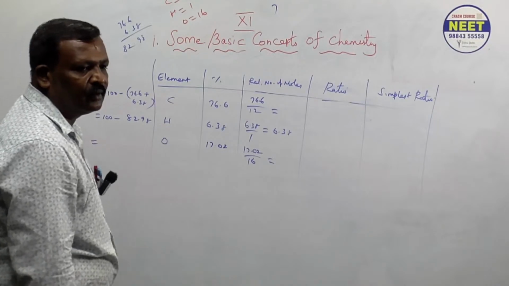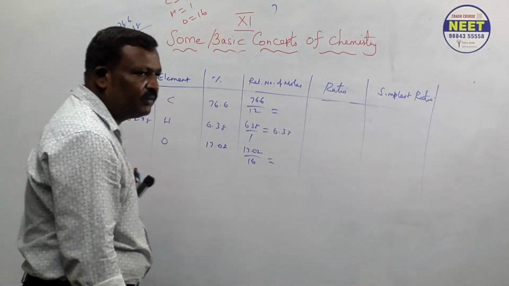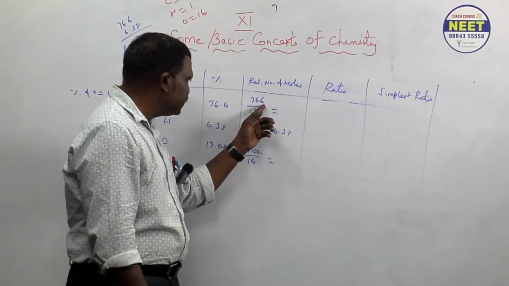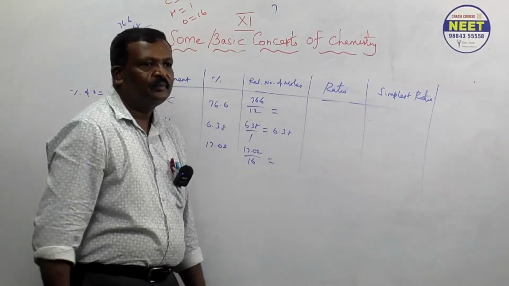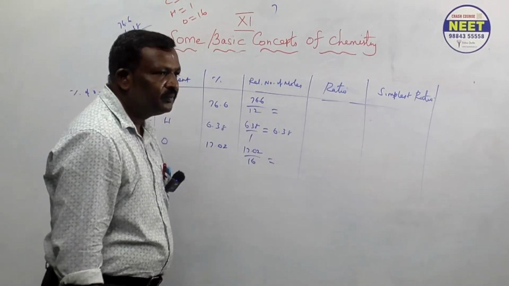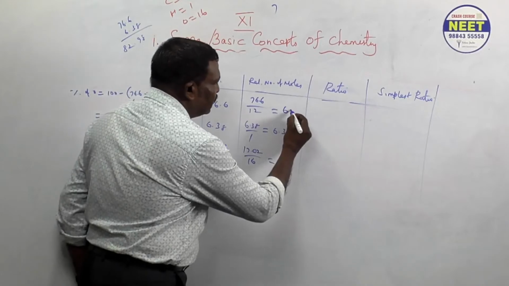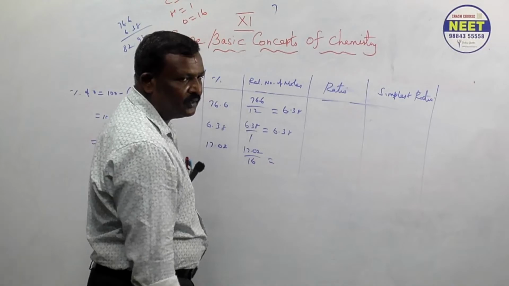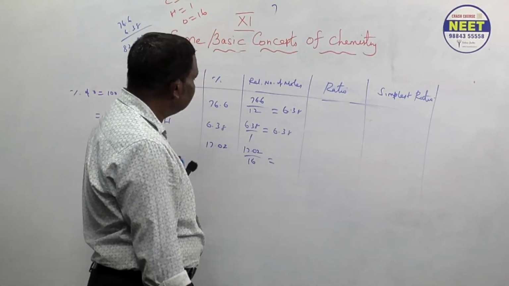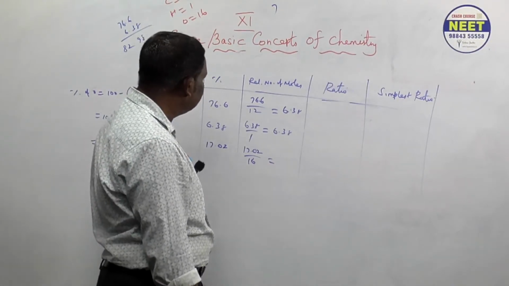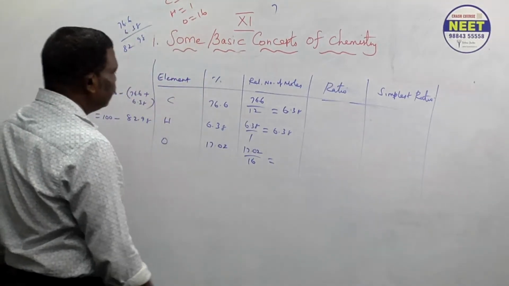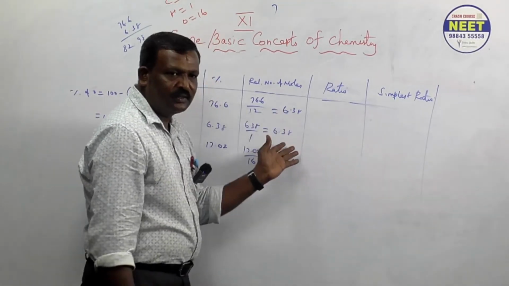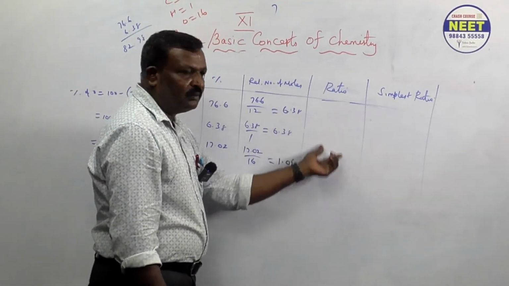You put it in the calculator, no problem. 76.6 by 12, tell me. 76.6 by 12 gives 6.38. Then oxygen, 17.02 by 16, that gives 1.06.